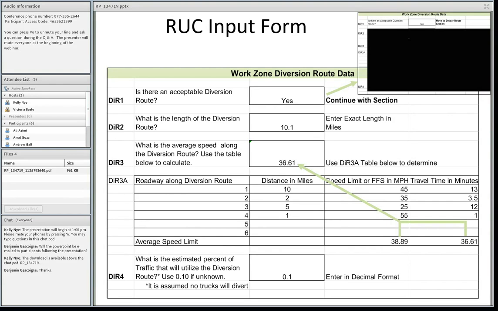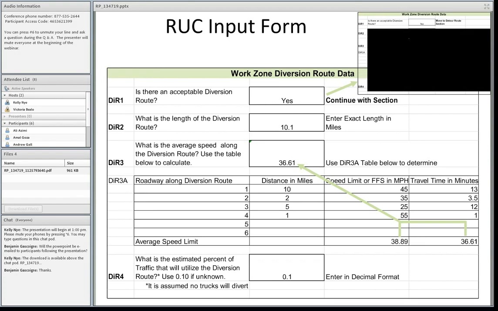If you have a work zone in an area where you have done this in the past and you've been able to fairly well estimate how much traffic is really going to divert, you can obviously change that value. And the more information you have about the city and or area in which your work zone is located is going to really impact the ultimate result of the road user cost document.